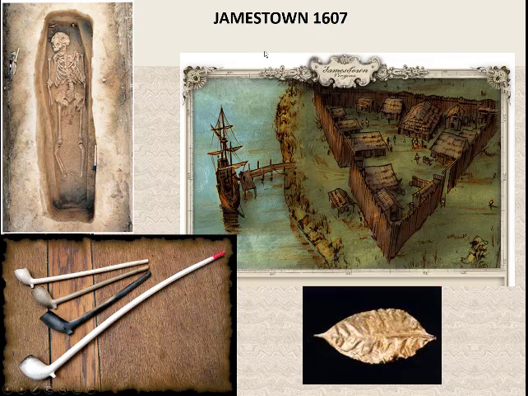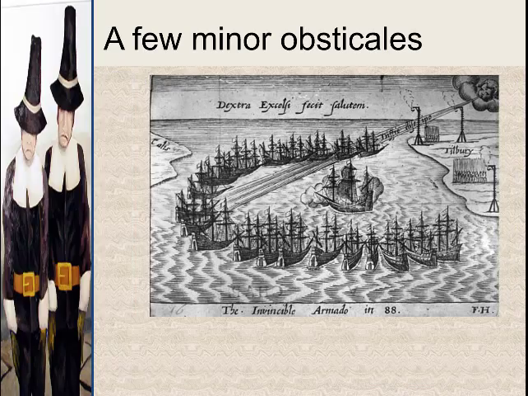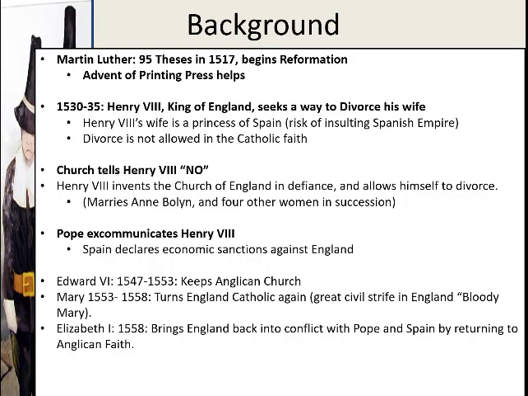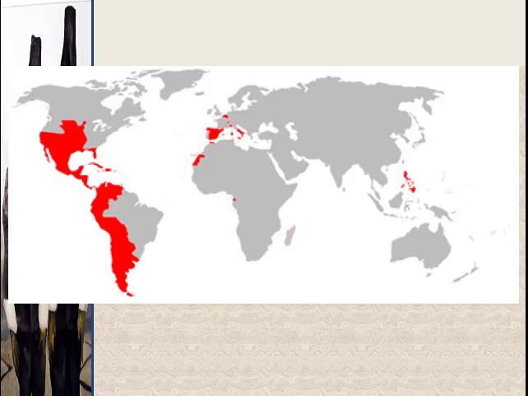And that instant success means two things. More people are going to move to Jamestown so that they can also grow tobacco and get wealthy. And on top of that, it also means that the rest of Europe is going to notice that England, a country that they're supposed to ignore because of Spanish sanctions against England. I'm going to go back to the big map again.